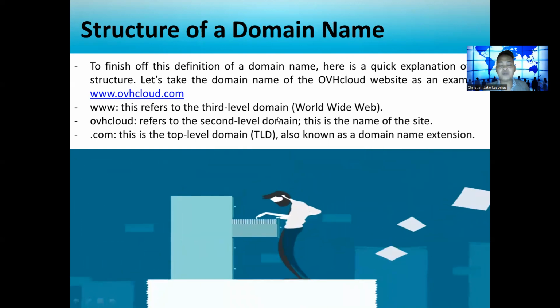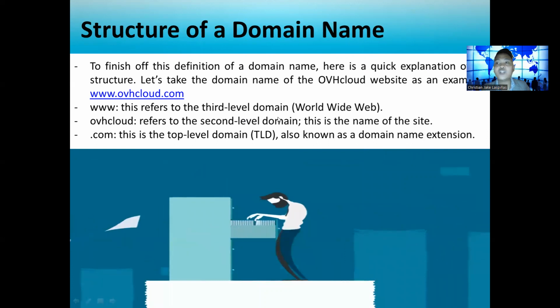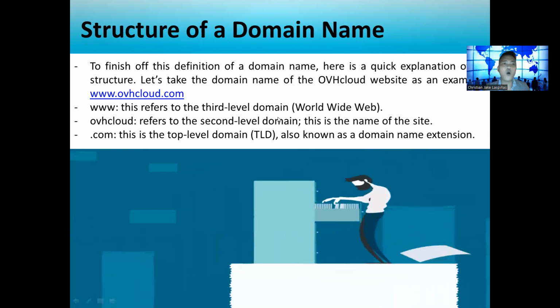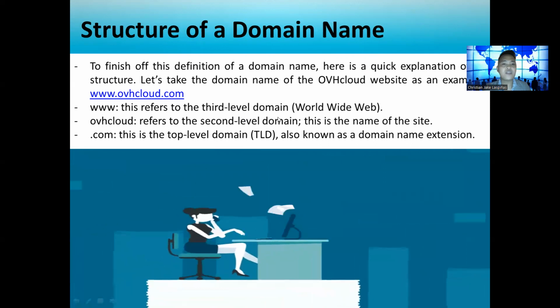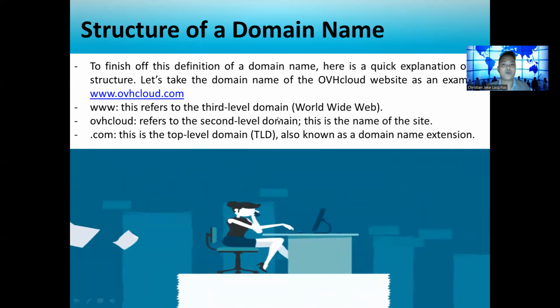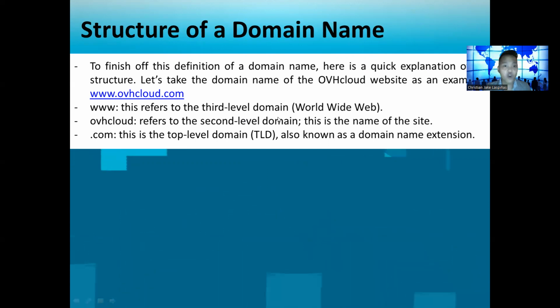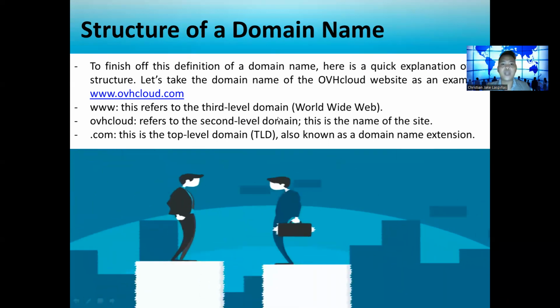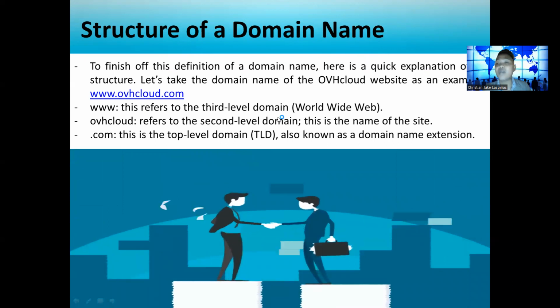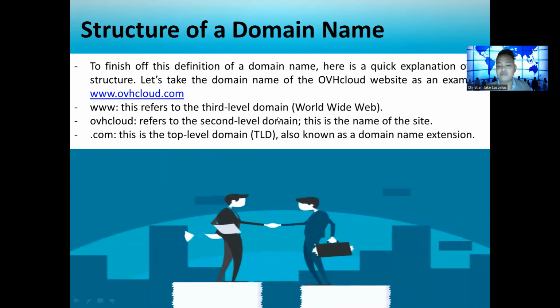The meaning of triple W is World Wide Web. Now, the OVH Cloud refers to the second level domain, or this is the name of the site. And that .com is the top level domain, or TLD, also known as a domain name extension.